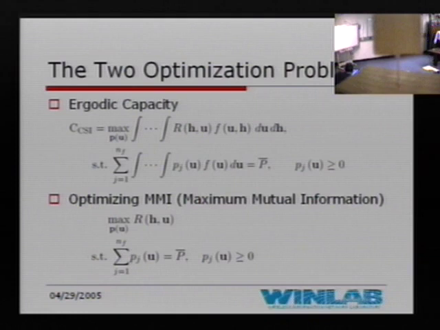What's the difference between the two? And what does the second one mean? If you look at this, as I said, I am averaging over all possible states of U and H. So potentially here, if I have a very bad channel, I have the option of not putting power in any of the subcarriers at all.